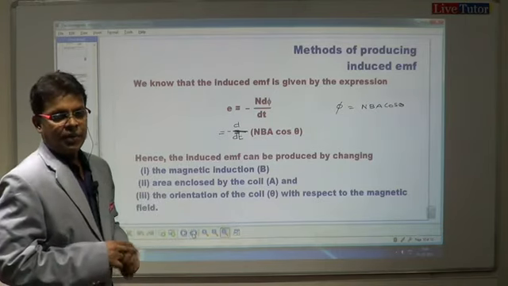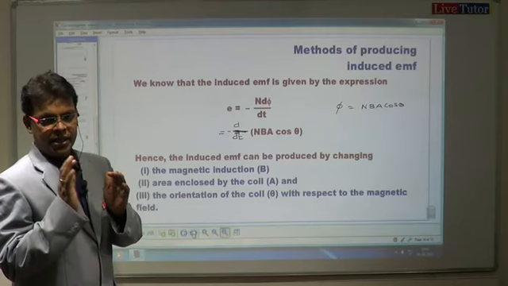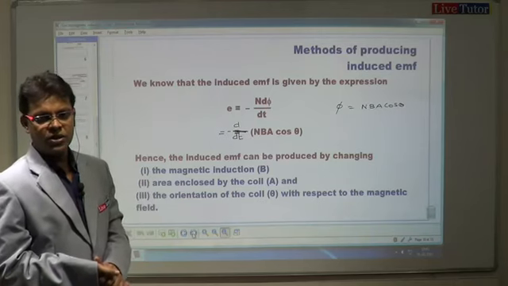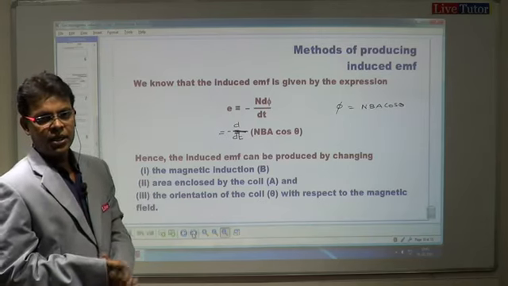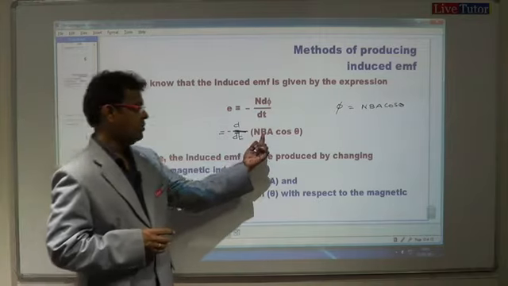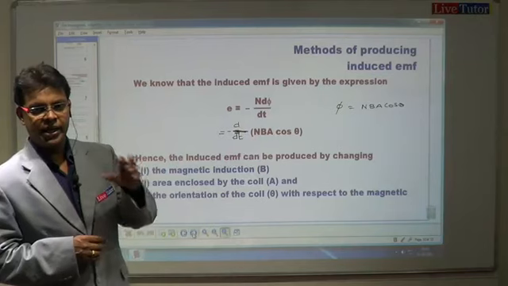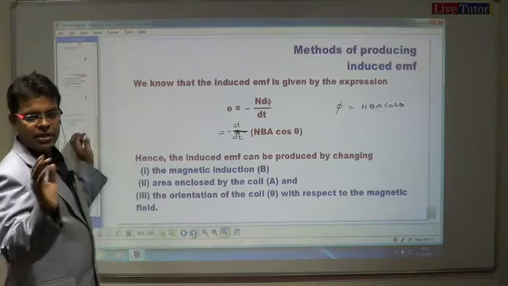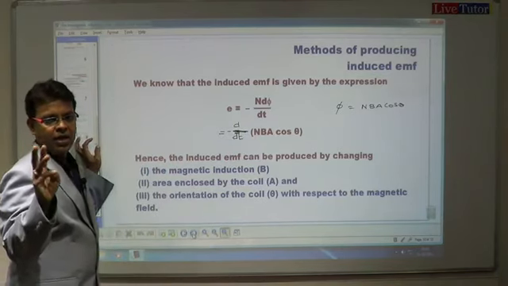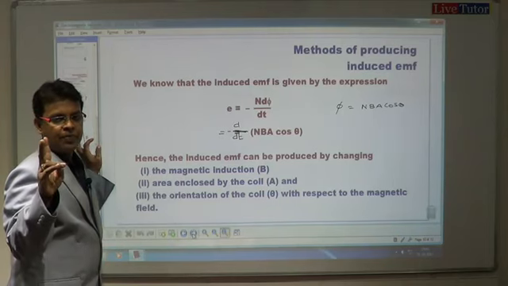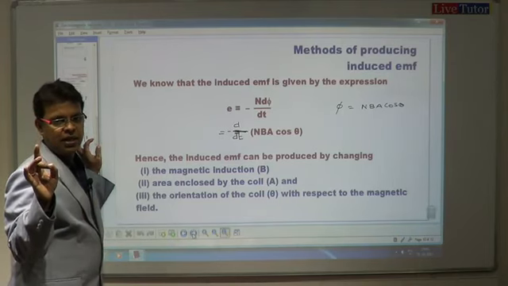Isn't it? அப்போ the induced EMF can be produced by changing the magnetic induction B, dB by dt. இல்லையா? இங்க என்னென்ன variable அப்படின்னா n வந்து number of turns constant. அப்போ B variable, area change பண்ணலாம், theta change பண்ணலாம். இல்லையா?